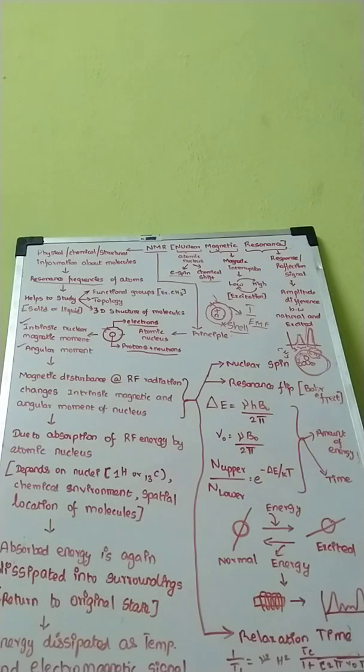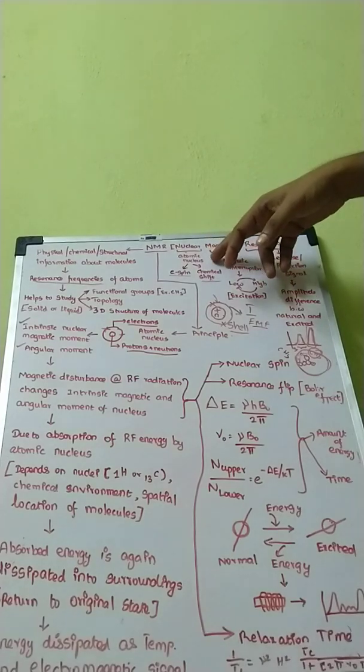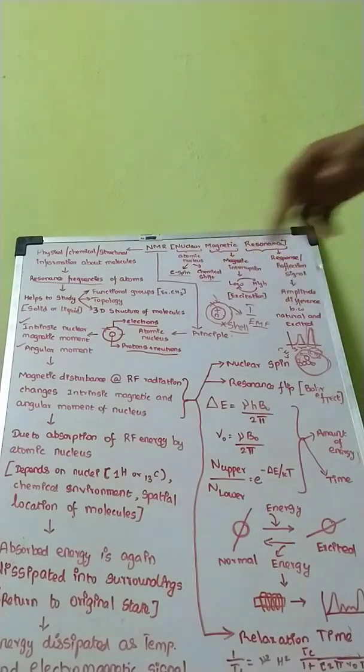Okay, so this is what you are going to do in nuclear magnetic resonance. Here you are going to see three basic aspects. As you see on the board, first one, the word nuclear denotes the atomic nucleus.